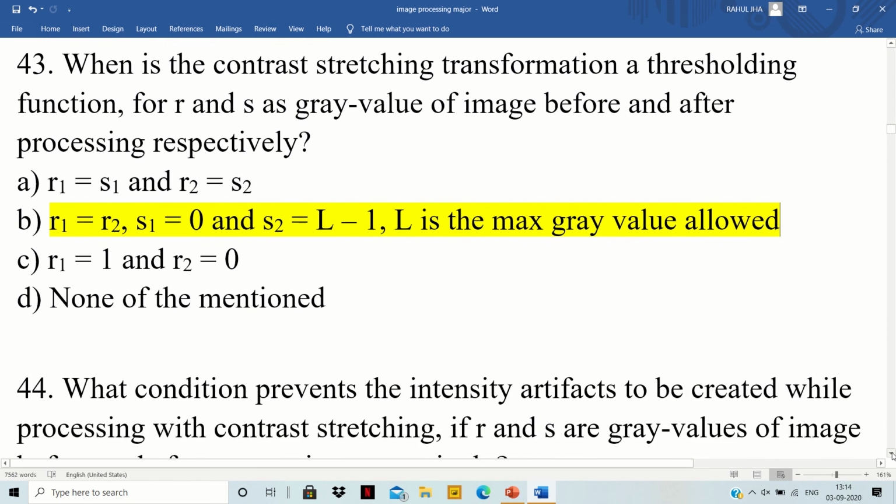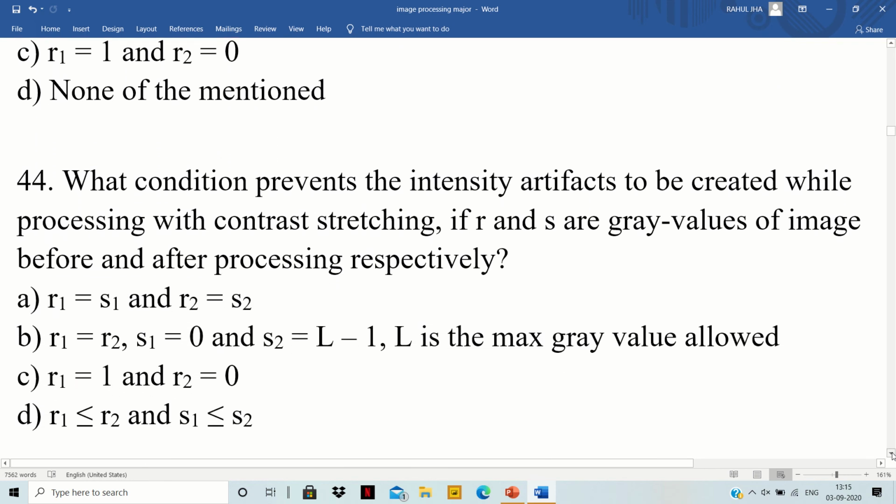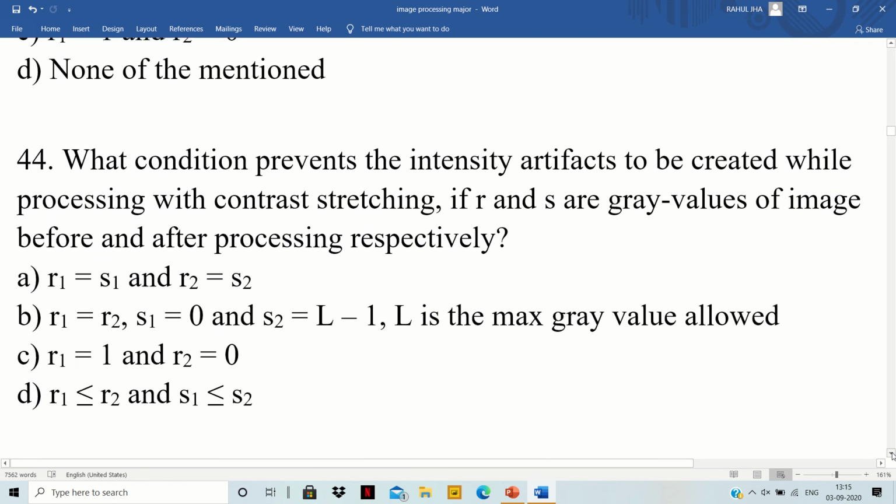Next question. What condition prevents the intensity artifacts from being created by processing with contrast stretching? What are the conditions which basically prevent those intensity artifacts from being created while performing contrast stretching? It means we are performing the contrast stretching and suddenly intensity artifacts, that is, intensity changes, occur, and this condition prevents them.